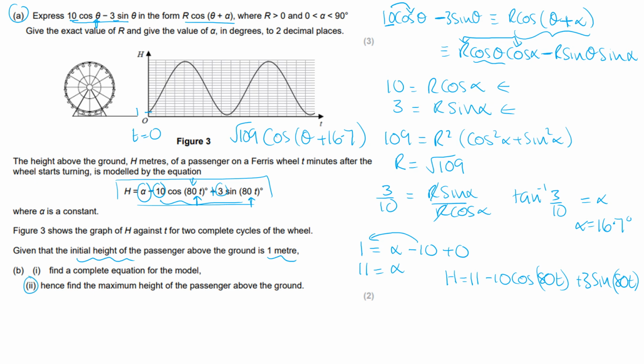Now part 2, hence find the maximum. So in order to find the maximum, we need to convert it from these two ratios in cos and sine and use what we found in part A. So in part A, we said that 10 cos theta minus 3 sine theta was equivalent to root 109 cos of theta plus 16.7.